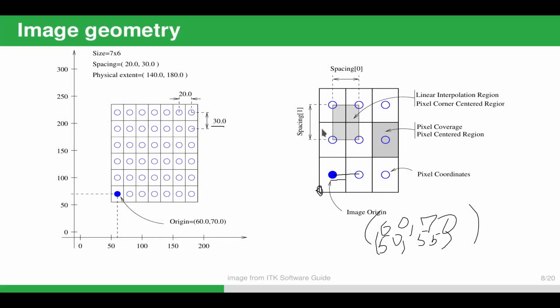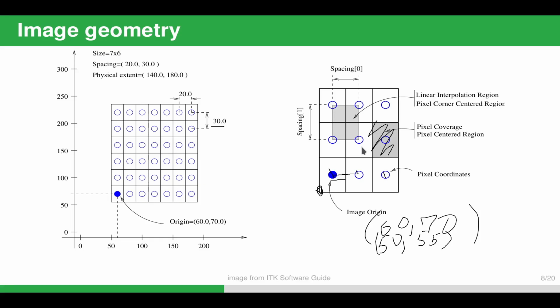So another important thing to note is that the pixels here are the dots, not the box. So this is a pixel, this is a pixel, this is a pixel. This box is not the pixel. Rather, in this diagram, it's called the pixel coverage or the pixel-centered region. So when we transform images, we need to transform points, and pixels are point samples.